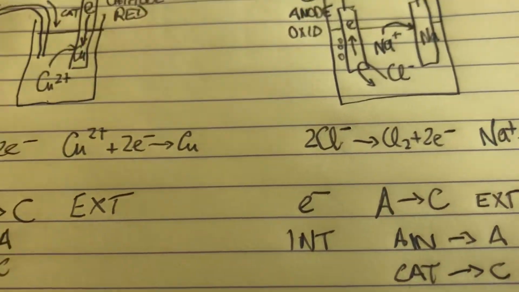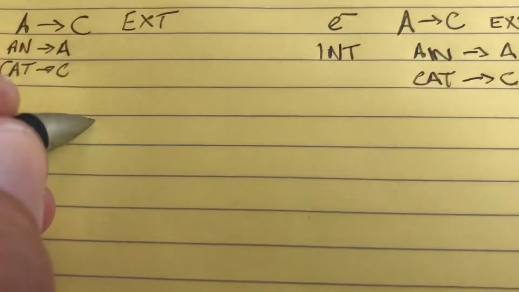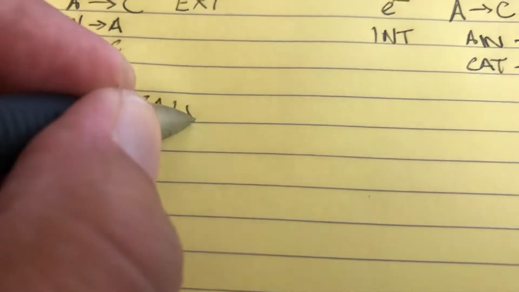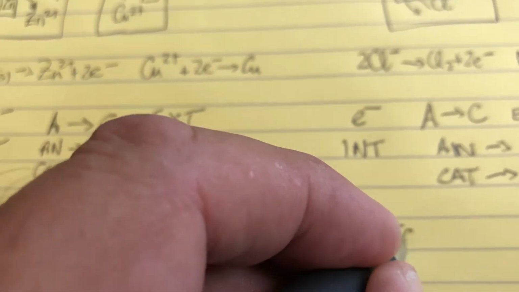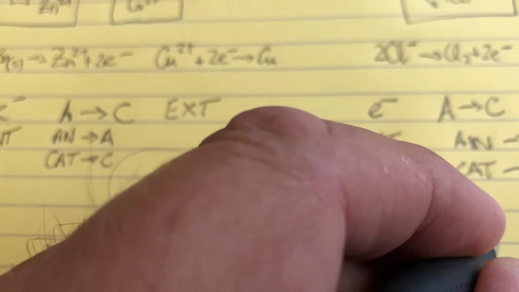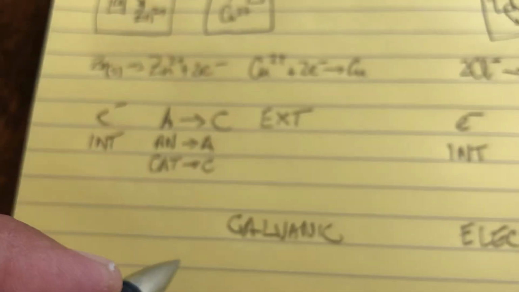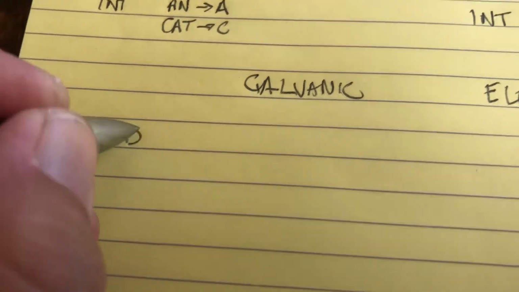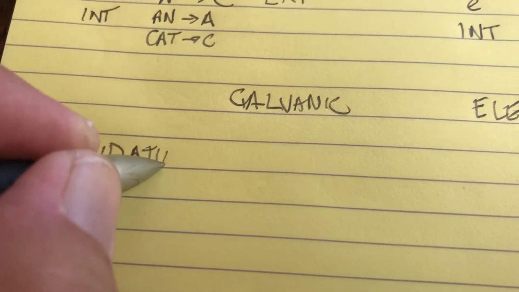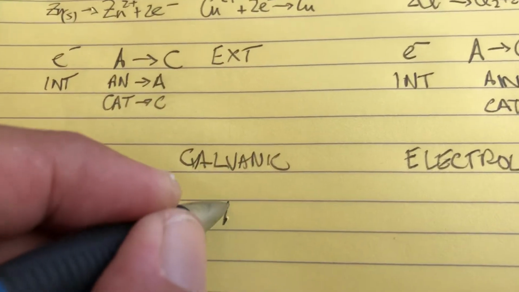Okay, so if we now compare the two, galvanic and electrolytic, what are the same? Well, oxidation in both occurs at the anode.